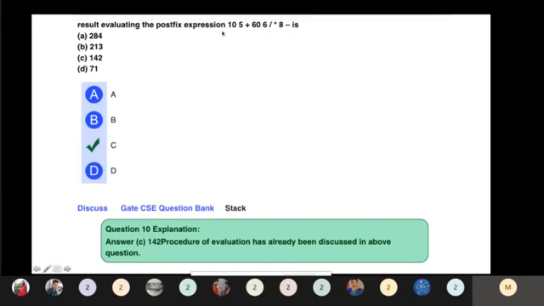Whenever we get any value, just push it on the stack. If you get any operator, take the topmost two values outside, then do the calculation. Once the calculation is completed, the result is stored back and pushed on the top of the stack. Again the same procedure until the end of the characters is reached.